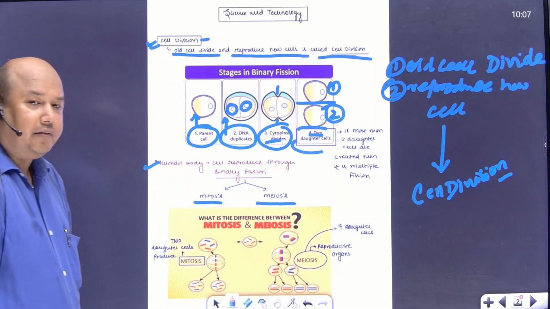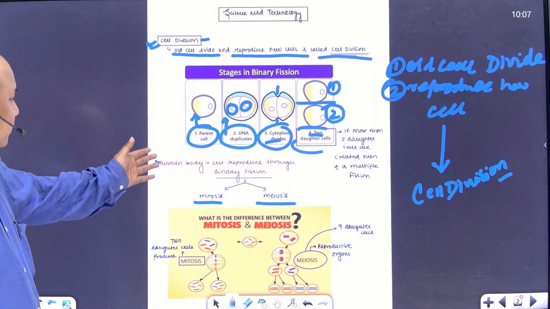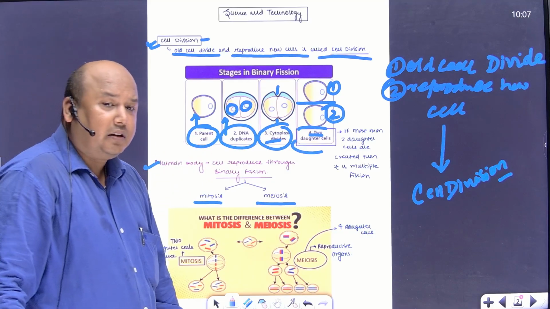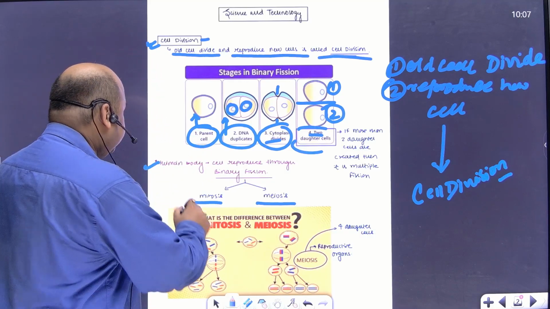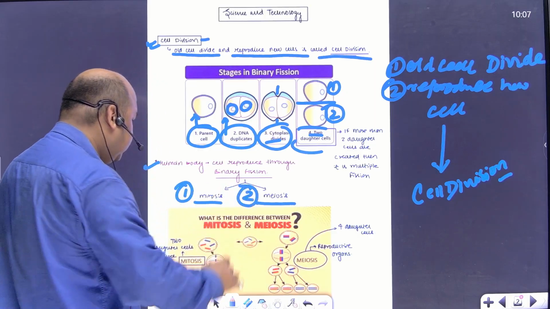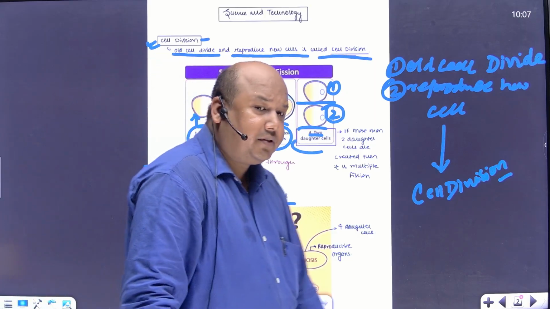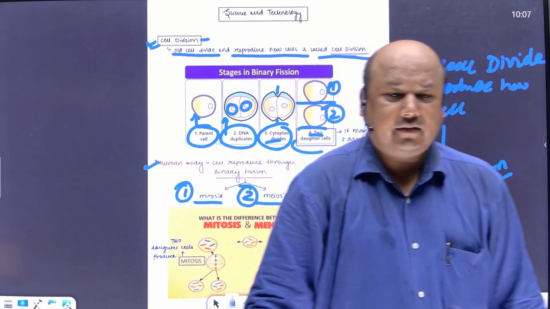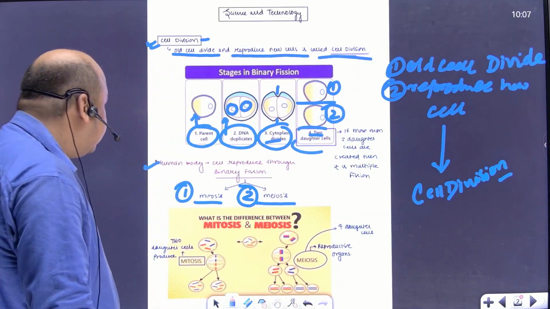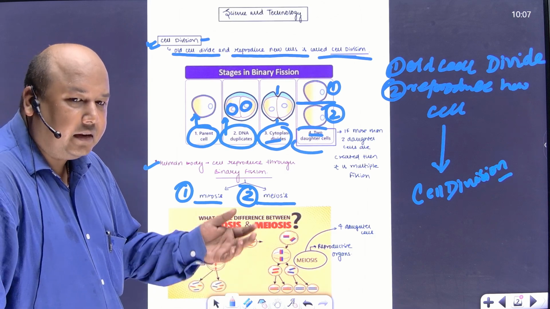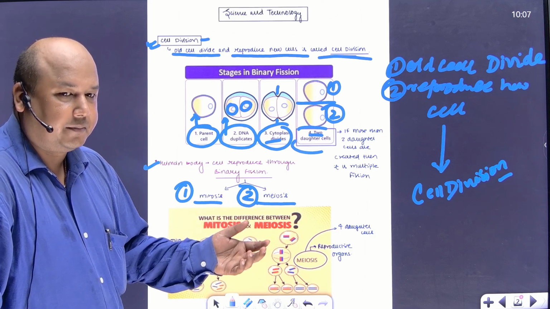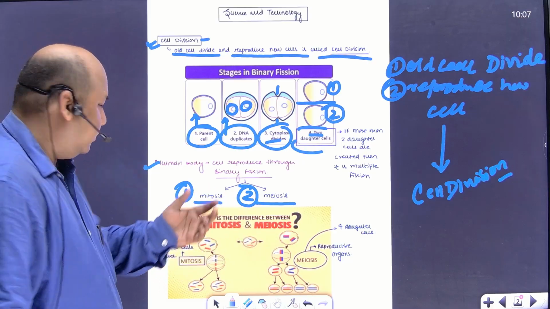So if anyone asks how many types of division there are in human body cells, there are two: mitosis and meiosis. Now the hit question that everyone asks nowadays: what is mitosis and what is meiosis? What is the difference between mitosis and meiosis? That is asked in the NEET examination and in most competitive and entrance examinations.